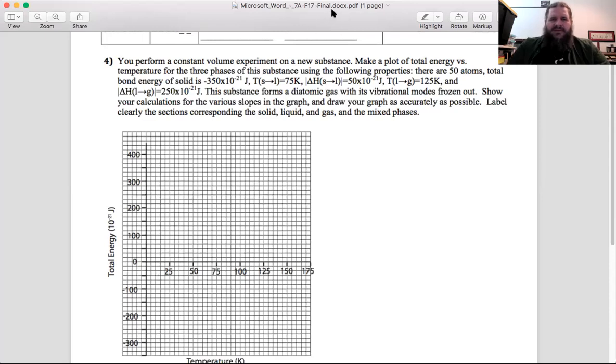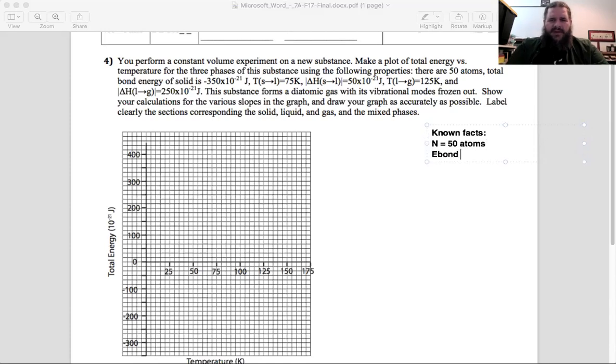So let's start by just listing out everything we know about this substance. We know there's 50 atoms in the substance. We know the E bond for the solid is negative 350 times 10 to the negative 21 joules.